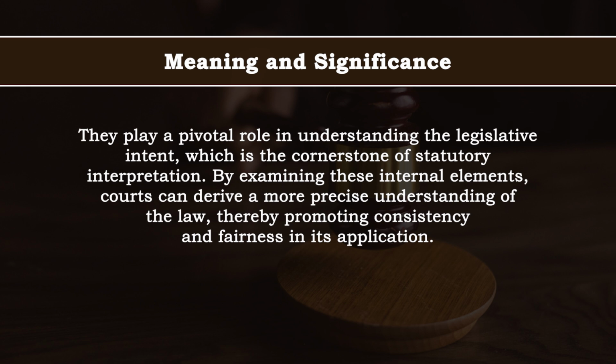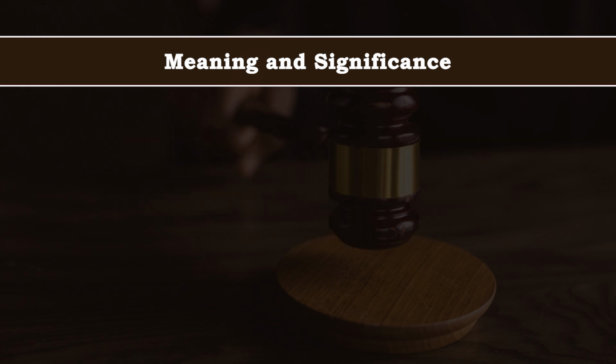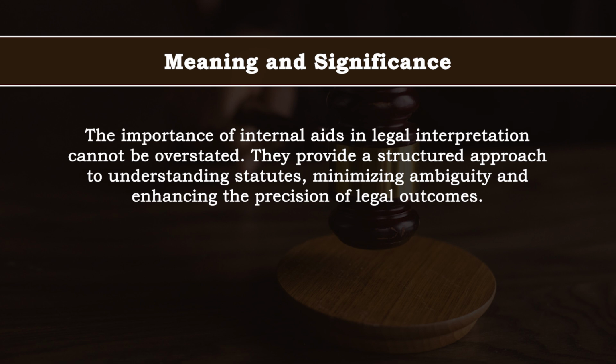By examining these internal elements, courts can derive a more precise understanding of the law, thereby promoting consistency and fairness in its application. The importance of internal aids in legal interpretation cannot be overstated. They provide a structured approach to understanding the statutes, minimizing the ambiguities and enhancing the precision of legal outcomes.